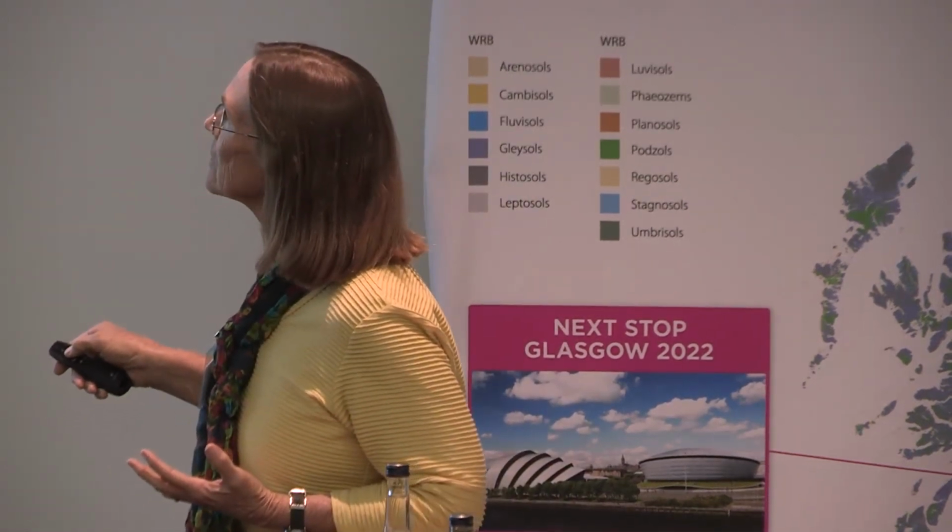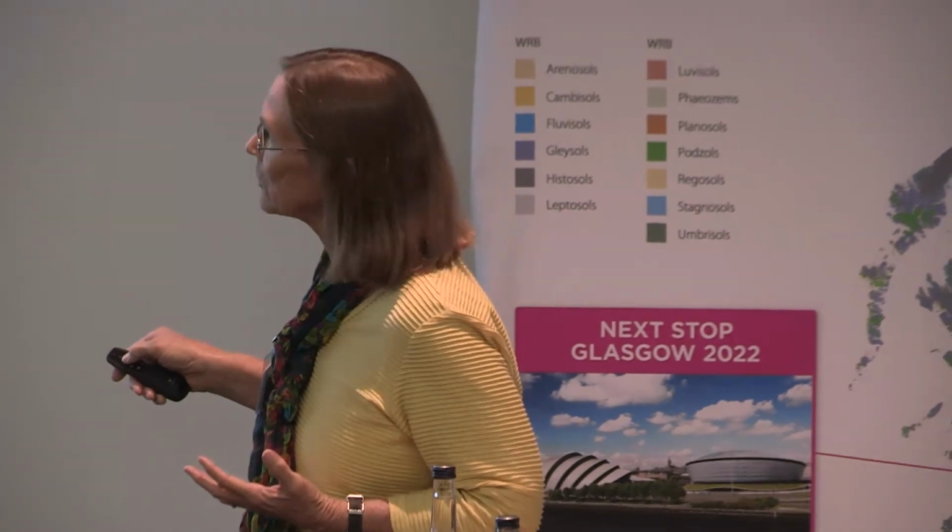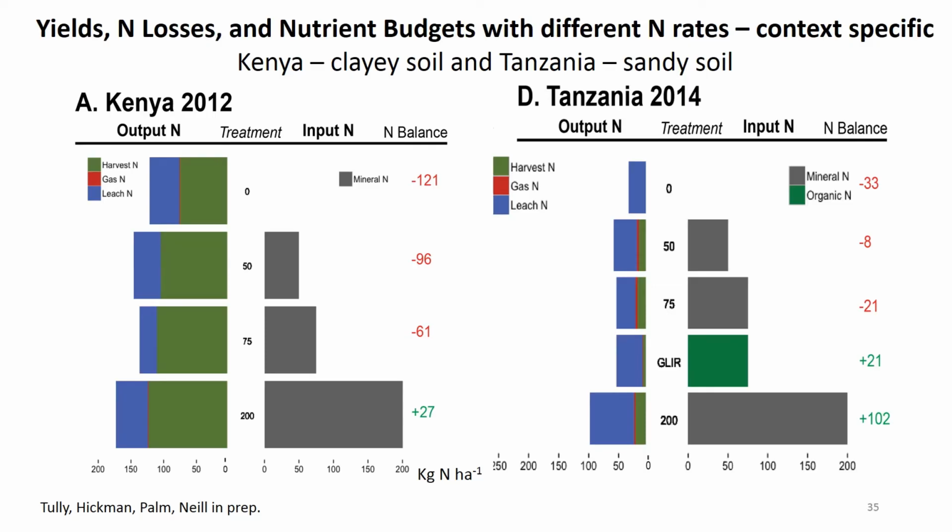And your budget was negative. It was large when you had 0 nitrogen added. It was still a large negative budget when you added 50 kilograms, even negative when you added 75. It only started to get a positive budget, meaning you had 27 kilos left in that soil, when you added 200. So you have a long way to go to flip these budgets.